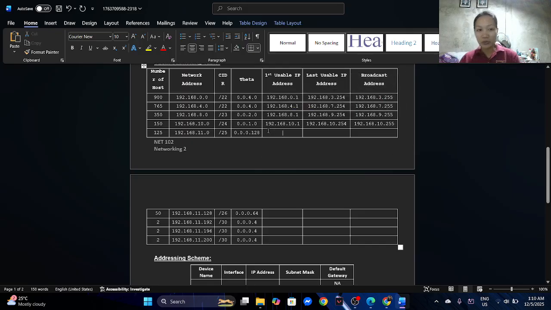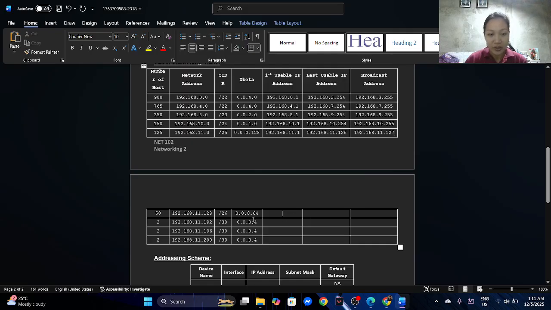So for host 125, the first usable address is 192.168.11.1, and last usable is 192.168.11.126, and broadcast address is 192.168.11.127.